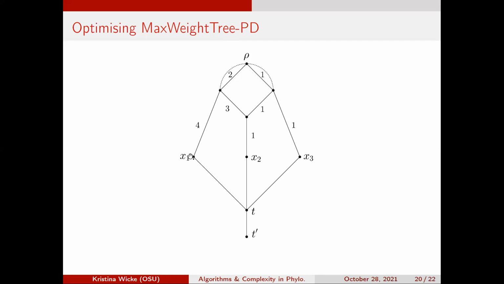We do that by first introducing some vertex T that gets connected to all the leaves, and then we connect T to the sink, T prime. So we have those additional edges below here. In addition, we need to introduce some more edges: additional edges between the root and all tree vertices of the network.